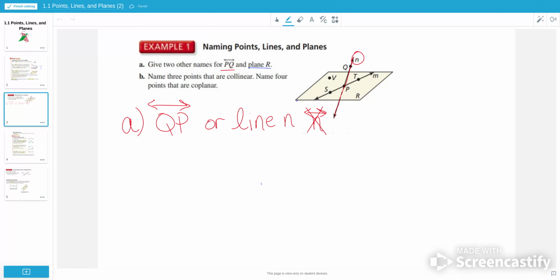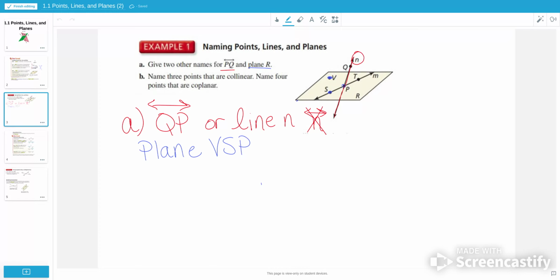So when you look here at S, P, T, those are all on the same line. So I pick a point that's not on that line, so I could say V, S, P, that would work. And I have to specifically say plane. And it doesn't matter the order. I could say V, S, P. If you wrote it in a different order with those same 3 letters, that's great.